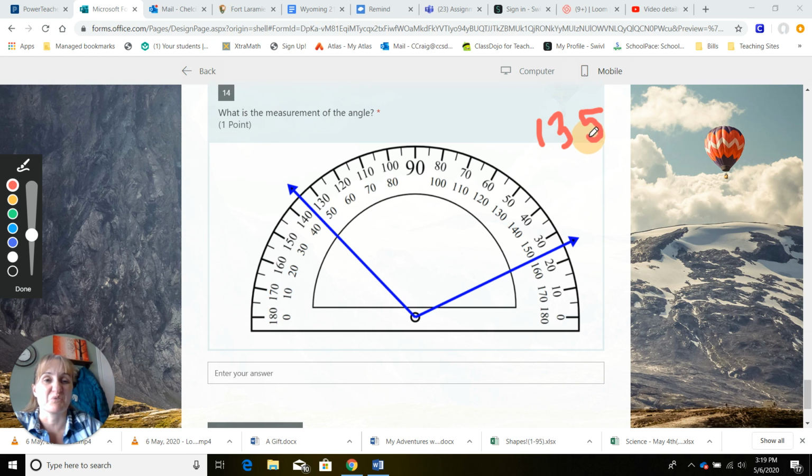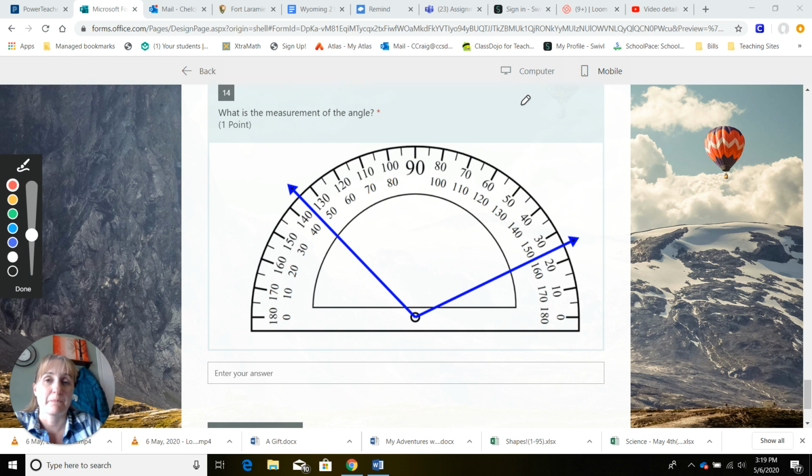Okay, sorry, guys. After you do that, you're going to count the spot from 0 to here. So we have 10, 20, halfway between 20 and 30 is 25. So you wrote 135 down minus 25.